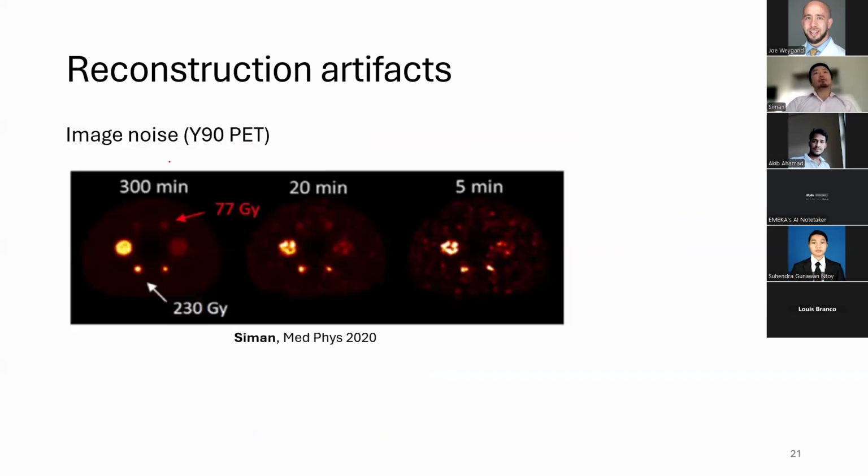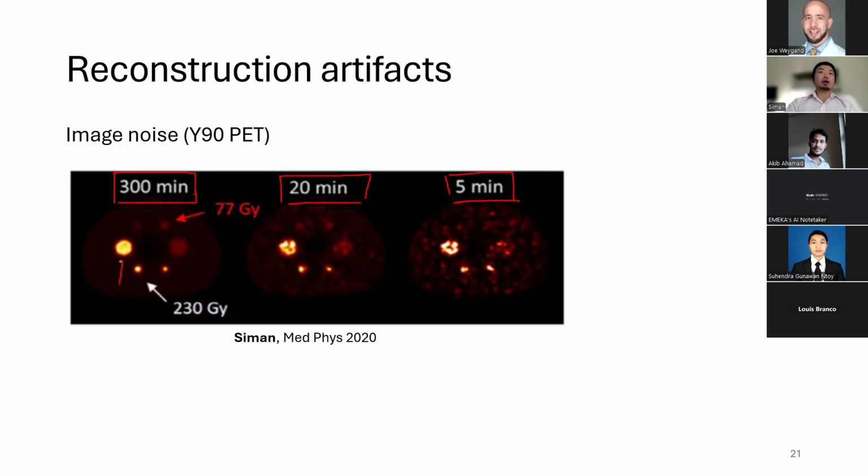Here, I'm showing images of Y90, acquired for 5 hours. This is a phantom study. You cannot acquire a clinical image for 5 hours. What you'll see in clinic is more like 20 minutes, or 5 minutes towards the lower end. The sphere here is a uniform sphere, by the way.